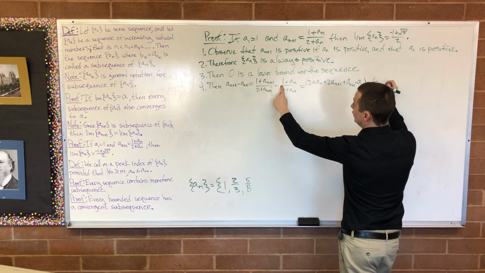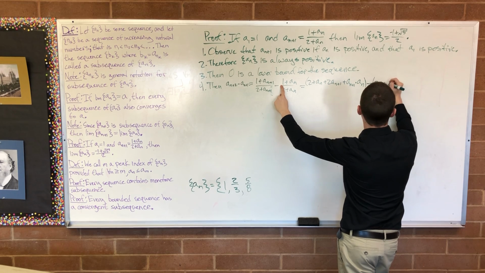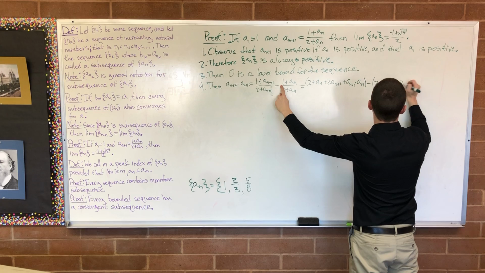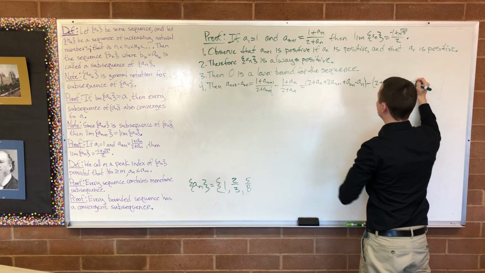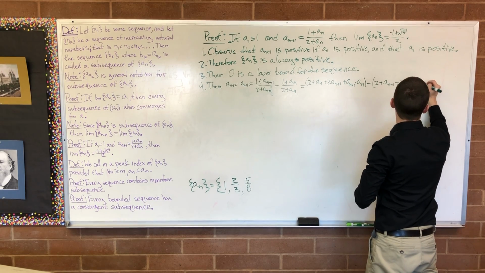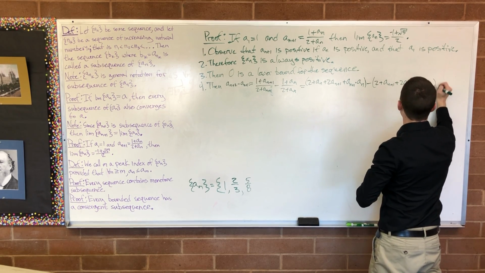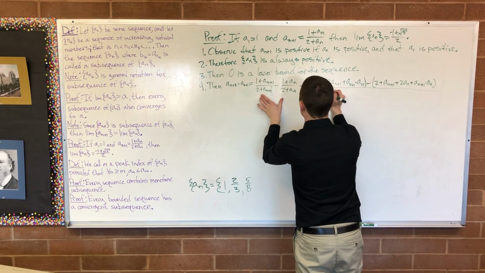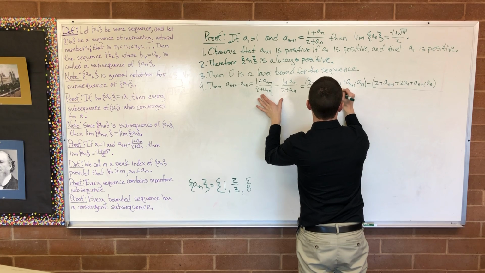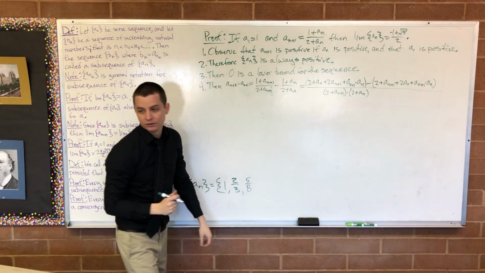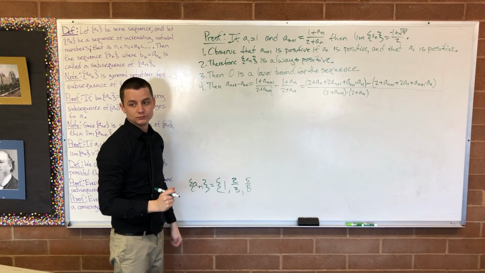So we're going to get 2 plus a sub n plus 1 plus 2 a sub n plus a sub n plus 1 times a sub n, and then our denominator is just going to be the product of these two: 2 plus a sub n plus 1 times 2 plus a sub n. Any questions so far? All right?